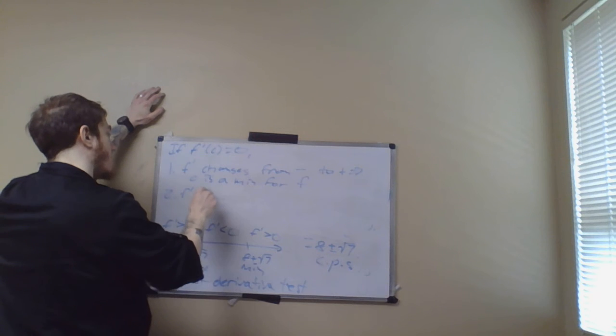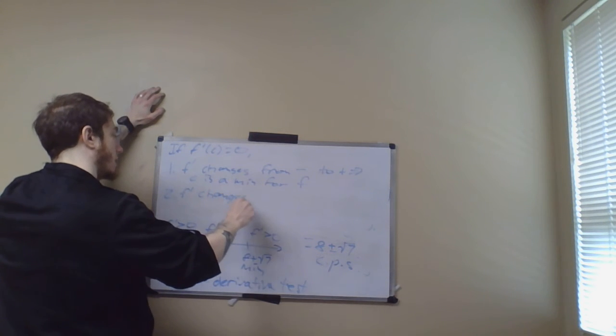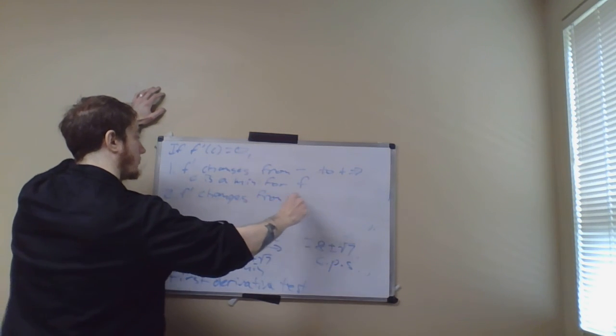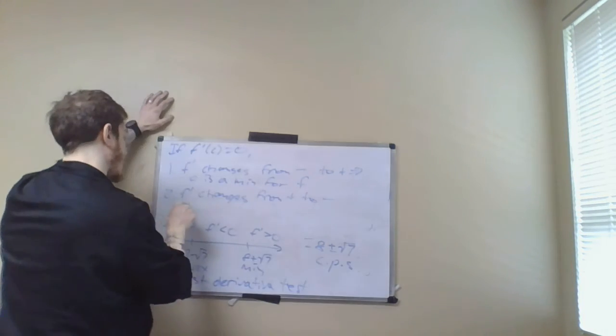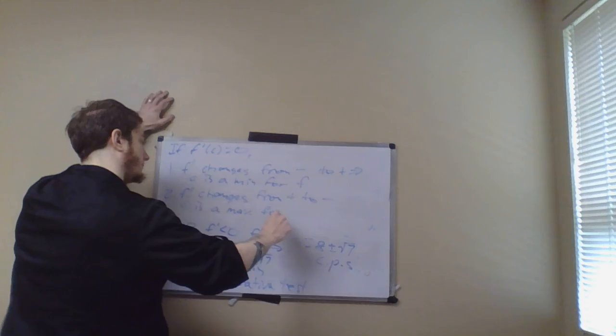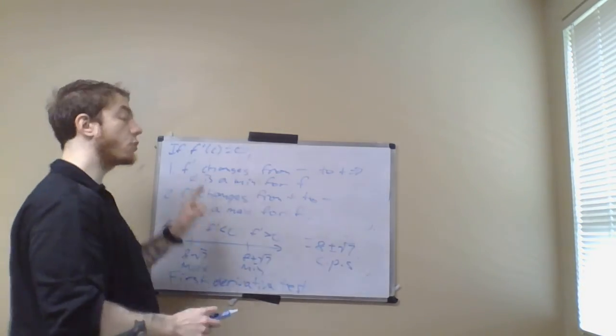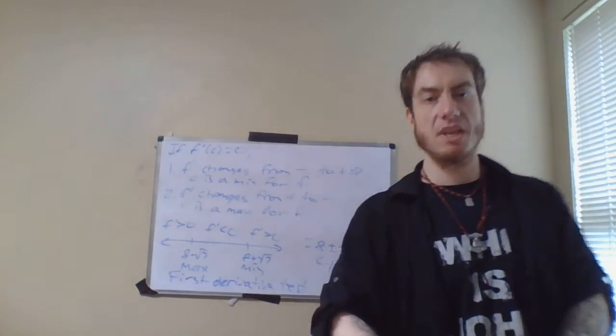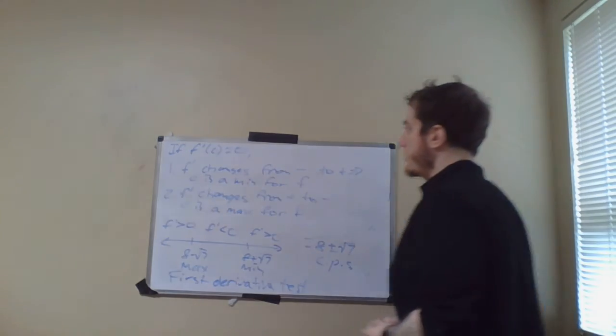And if f prime changes from plus to minus, then c is a maximum for f, a local minimum and a local maximum. So this is what is known as the first derivative test.